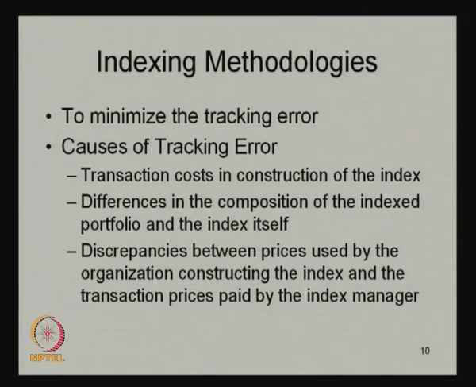Sometimes we can change the composition; we can also take a very customized index instead of indexing the same way the actual benchmark index has been prepared. In that case it affects the return of this portfolio, by which the tracking error may increase or decrease, and that is why there is a change in the return between the benchmark portfolio and the actual portfolio you have constructed.